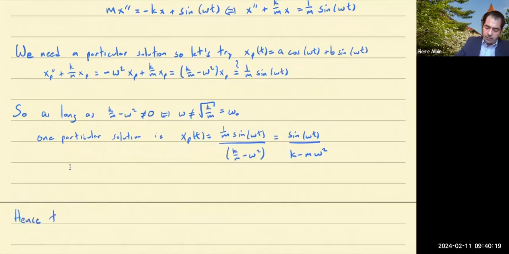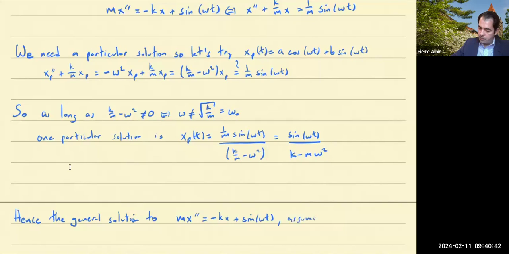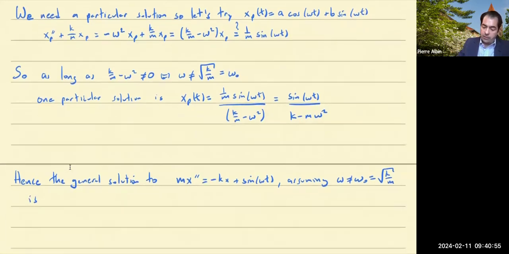Hence the general solution to m x double prime equals minus k x plus sine omega t, assuming omega is different from omega naught, the square root of k over m, is x(t) equals some constant times cosine omega naught t plus some constant times sine omega naught t.